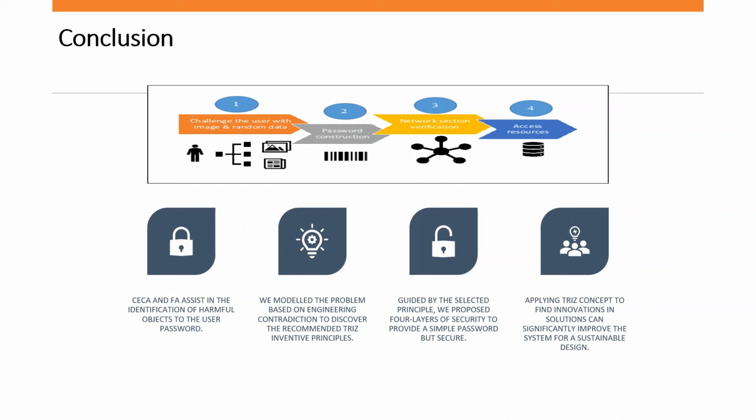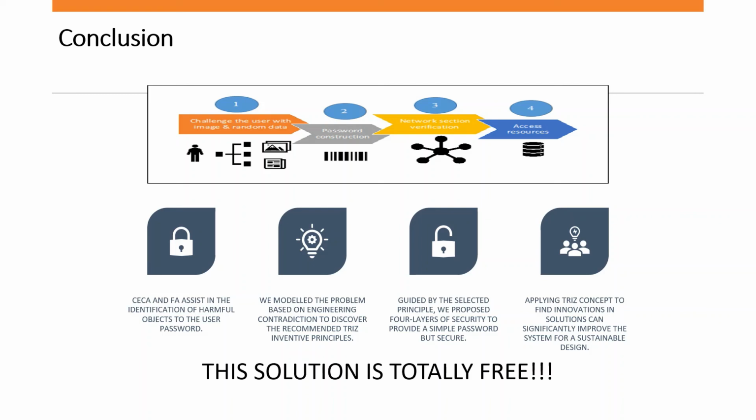Guided by the selected principles, we proposed 4 layers of security to provide a simple but secure password. Applying the CITDS concept to find innovations in solutions can significantly improve the system for a sustainable design. And this solution is totally free.